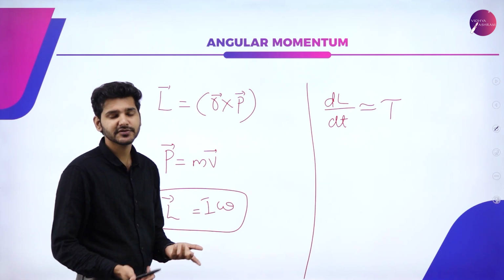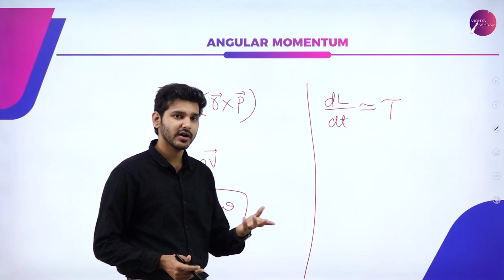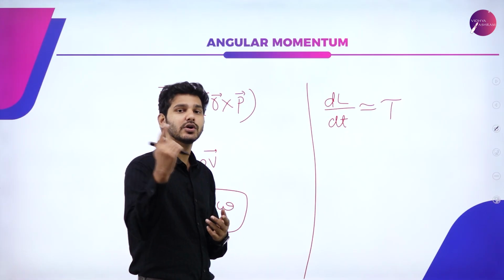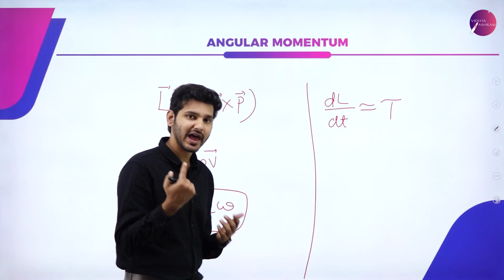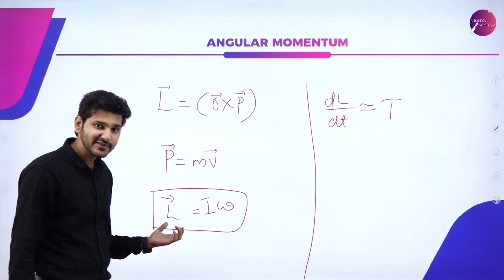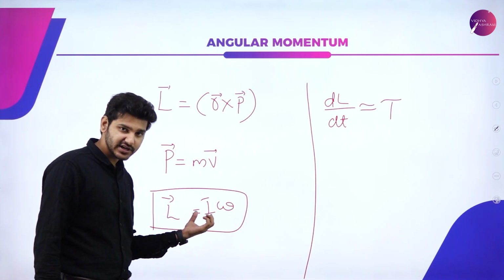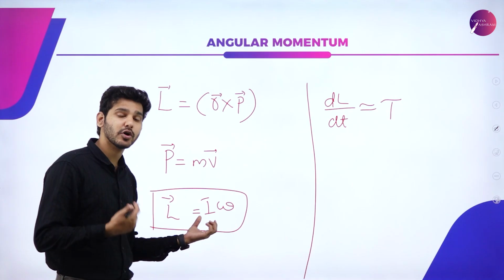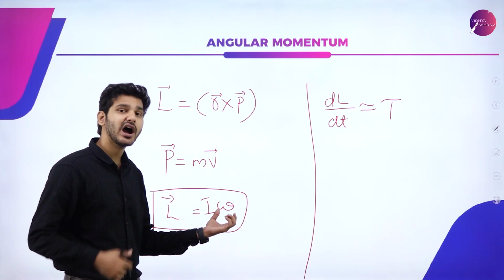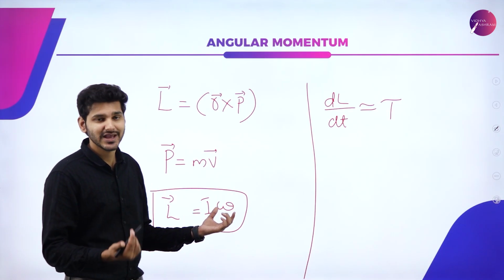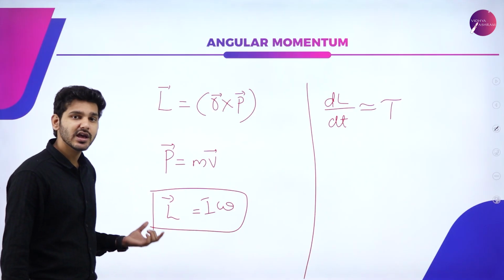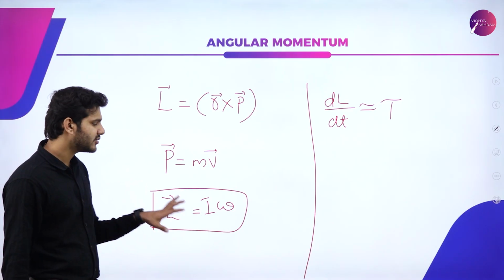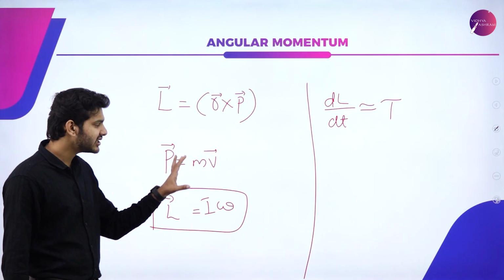You can also say it in terms of frequency, it's fine. The meaning is that a rotating body will have angular momentum equal to moment of inertia, the reluctance of that body to go for a spin, times how fast it is rotating. Those two quantities determine angular momentum. But for you, the equation is enough. So you can imagine it this way.